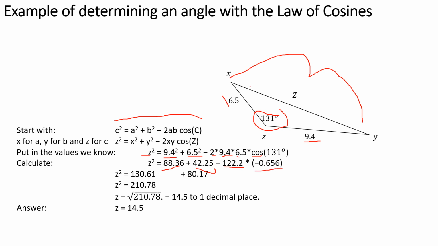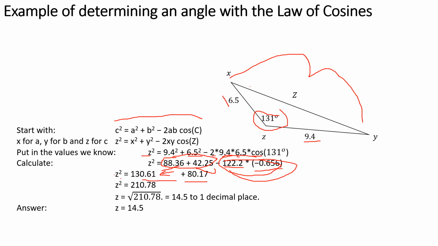So when I add all this together, 88.36 plus 42.25, and then negative 122.2 times negative 0.656 is plus 80.17.